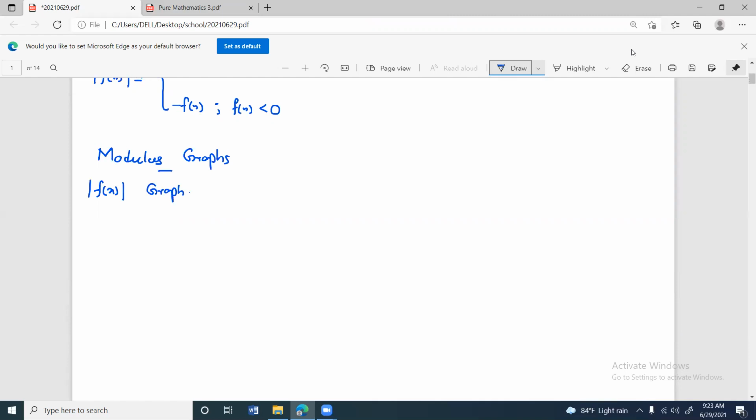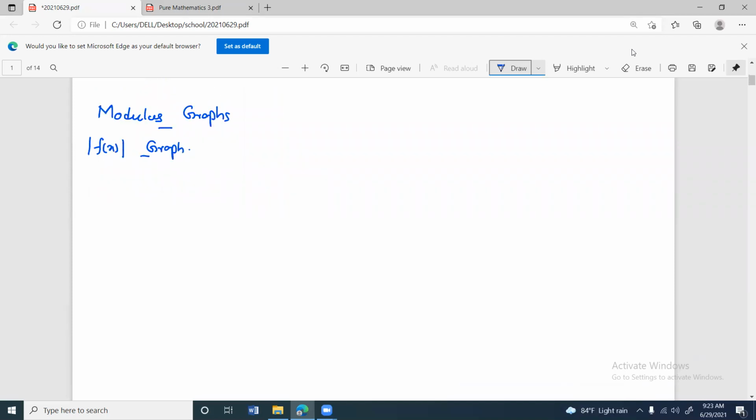We'll start from a very basic graph and see how to draw it. Let's take a simple example: y equals modulus of x. To reduce the confusion a little, I will add a term and take y equals modulus of 2x.